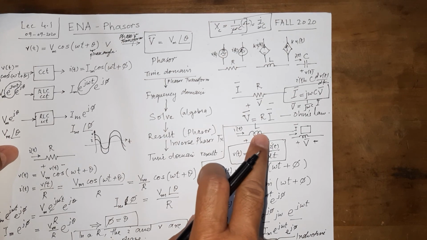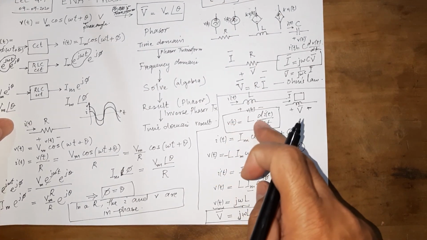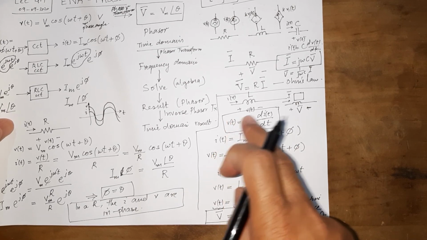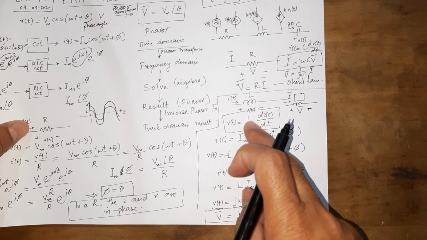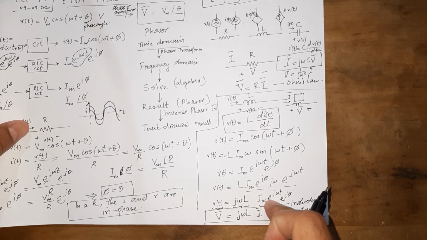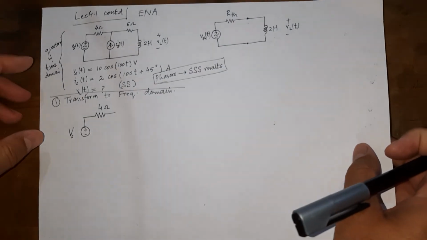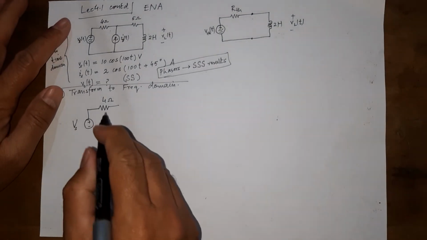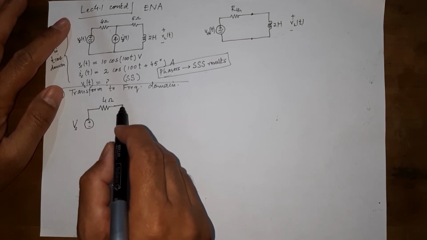R remains R. However, it is not true for an L. While we have an L here that relates the time domain current with time domain voltage, we have j omega L with phasor domain current and phasor domain voltage, and similarly for the case of a capacitance. So a resistance remains a resistance in ohms.